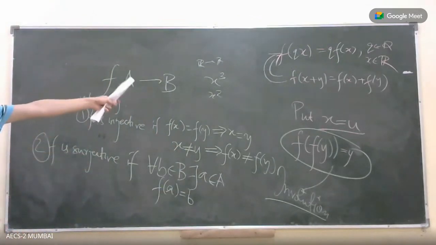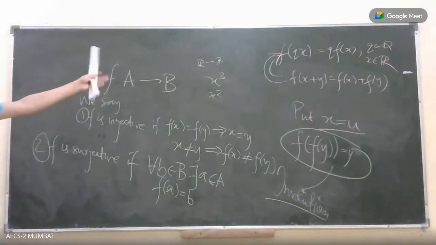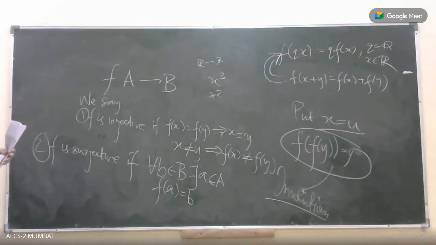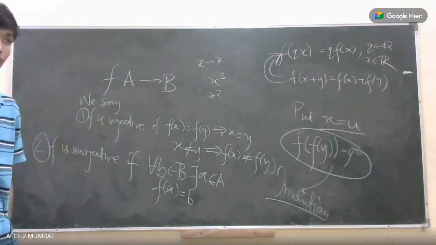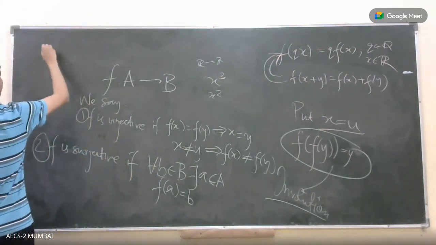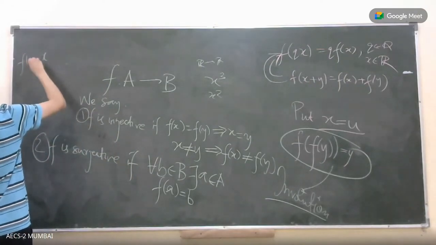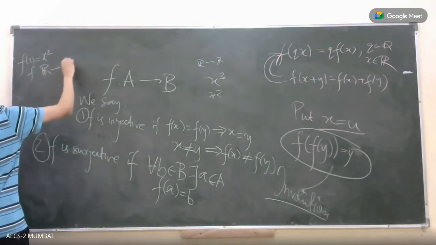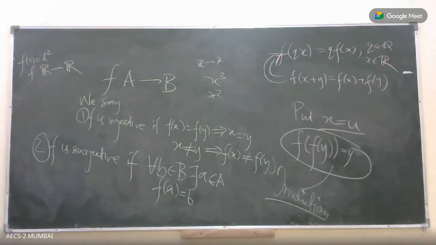Basically, for every element in the codomain, there is an element in the domain which gets mapped to that number. Is this surjective? A function from R to R where x is mapped to x square. Is this surjective?